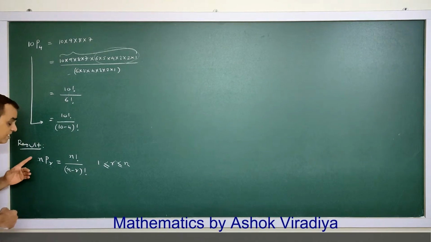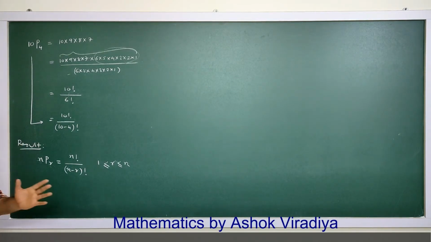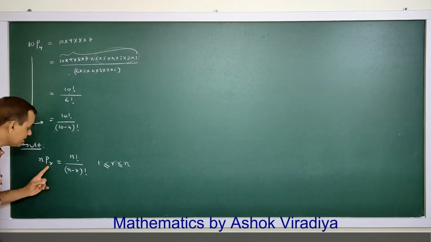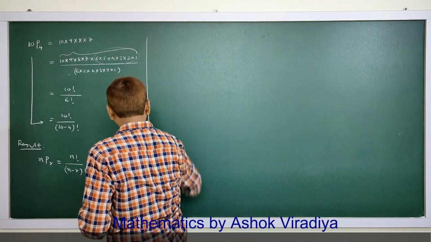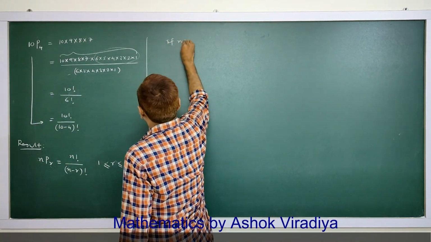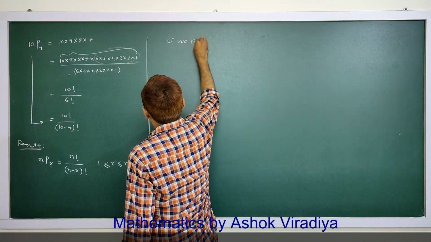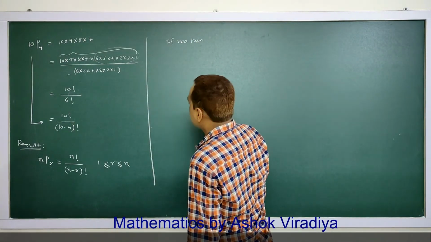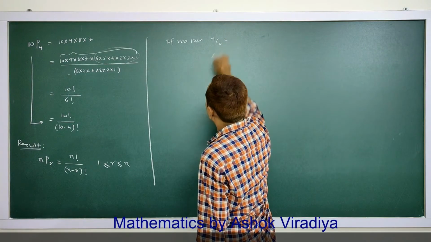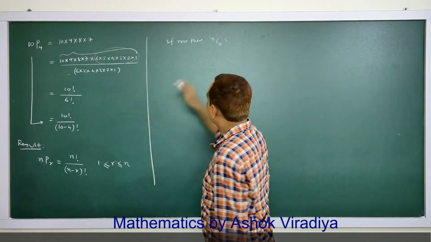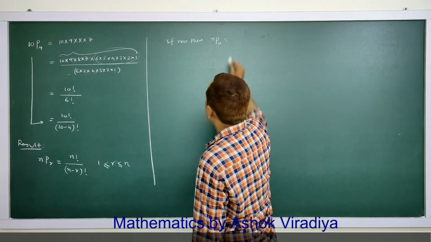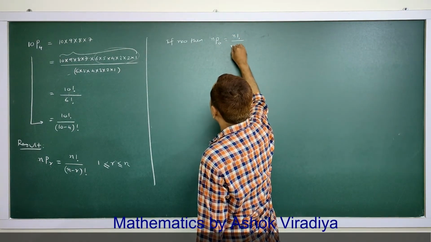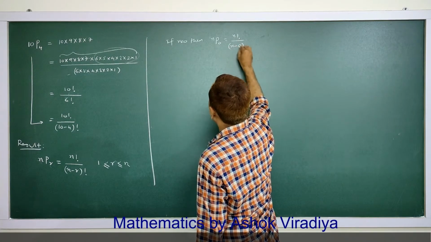And out of n, if you don't want to arrange anything, then suppose that r is 0. So if r is 0, then nP0, sorry, nP0 is n factorial upon n minus 0 factorial.